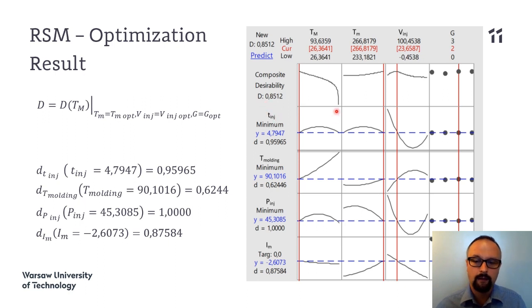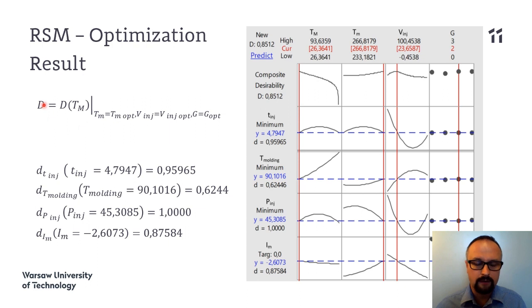And in each window we can see the shape of the curve of this function with respect to specific optimization parameter. So the function from this first window is defined in such a manner.